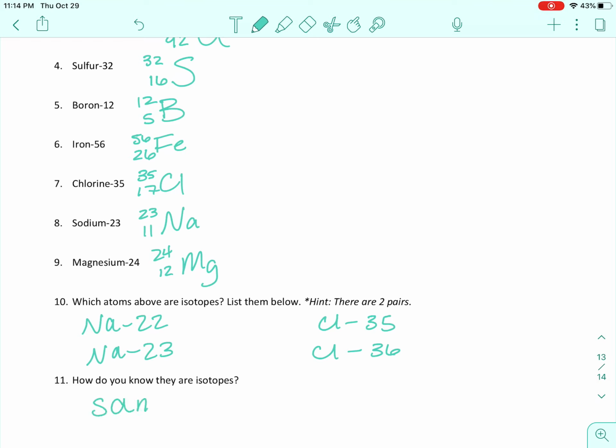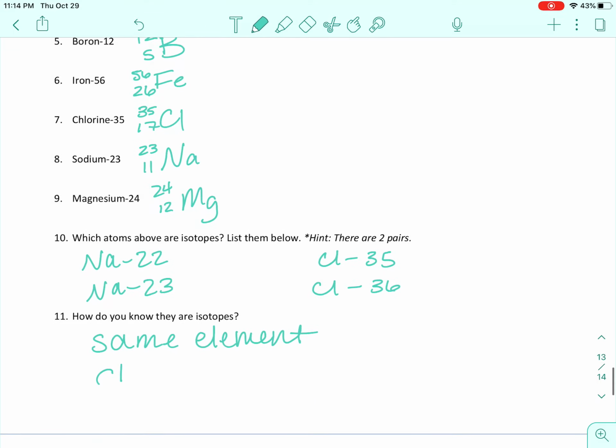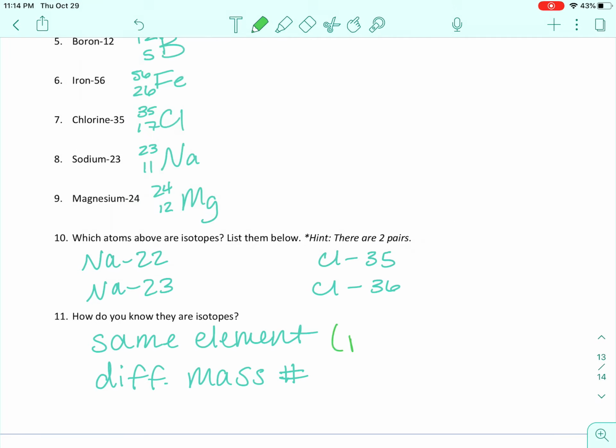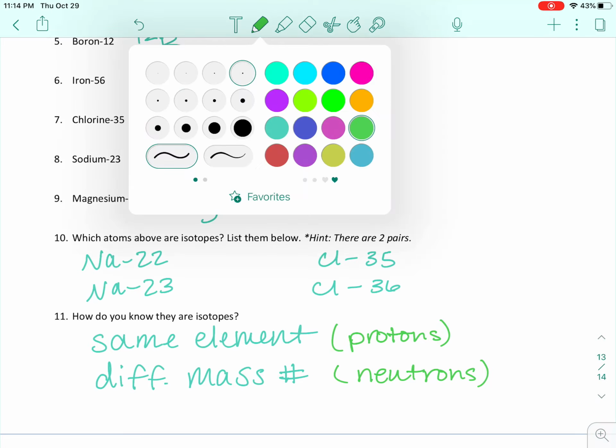And so we said how we know they are the same element, but they have different masses. So if they're the same element, then that means they have the same number of protons. If they have different mass numbers, that means they have different numbers of neutrons.